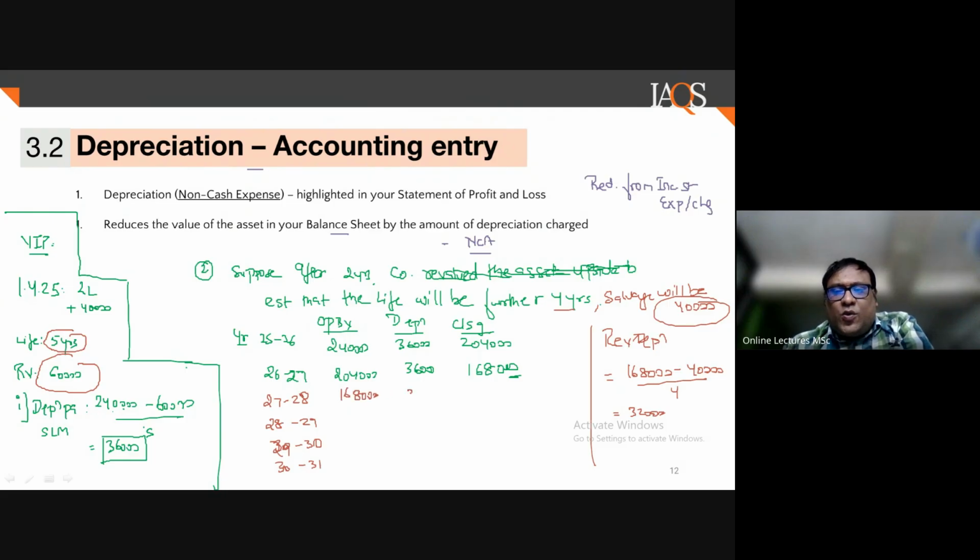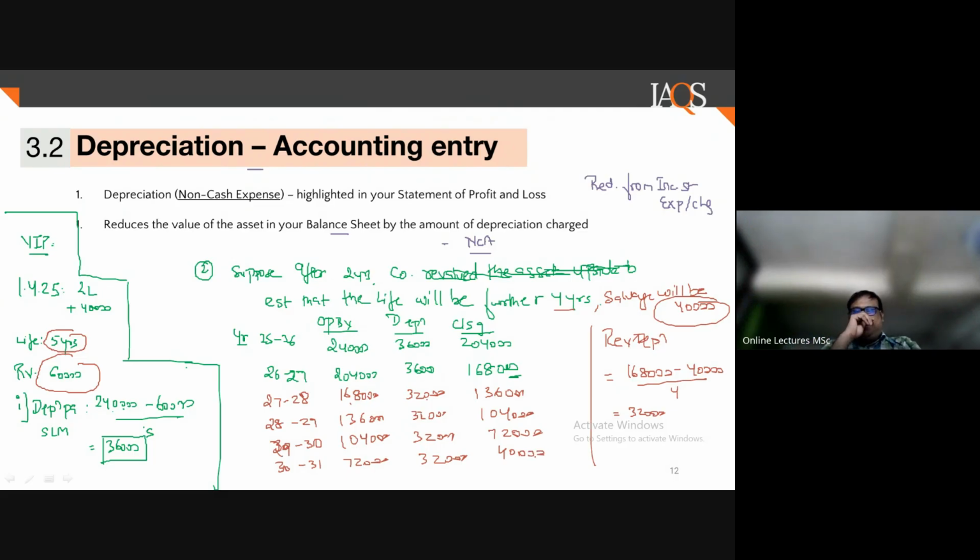We'll charge 32 depreciation. 168 minus 32 is 136. 136 minus 32 is 104. 104 minus 32 is 72. 72 minus 32 is 40.